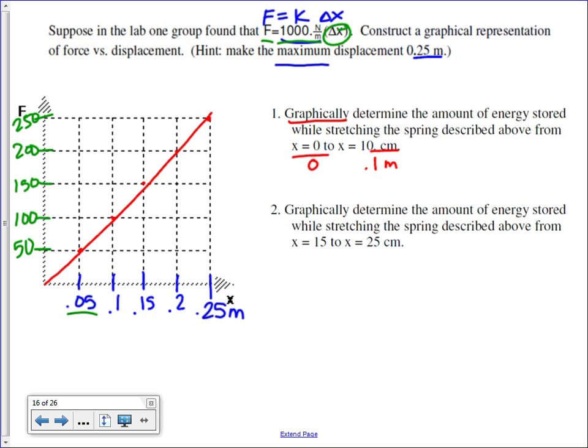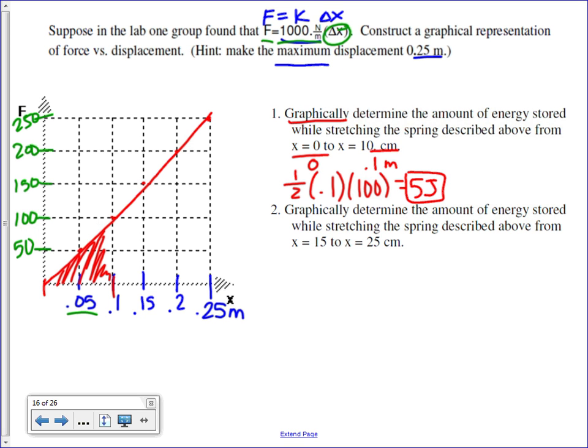So from 0 to 10 centimeters, or 0.1, I'm going to find the area of that triangle. So 1/2 base, which is 0.1, times height, which is 100, is going to give me my energy. 1/2 times 0.1 times 100 gives me 5 as my amount of energy stored.